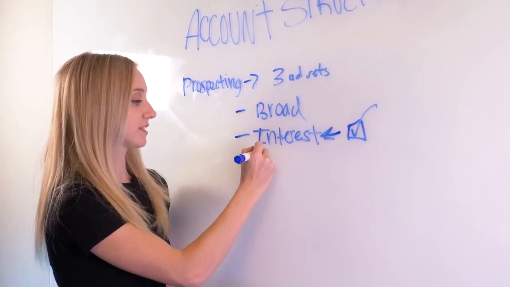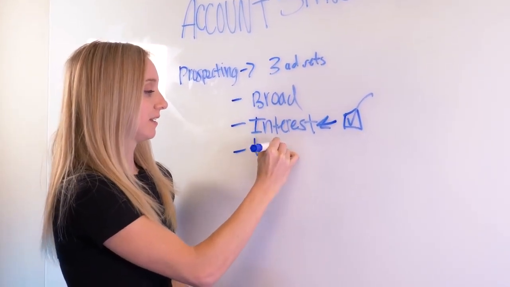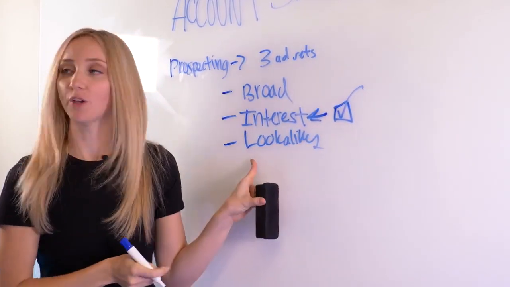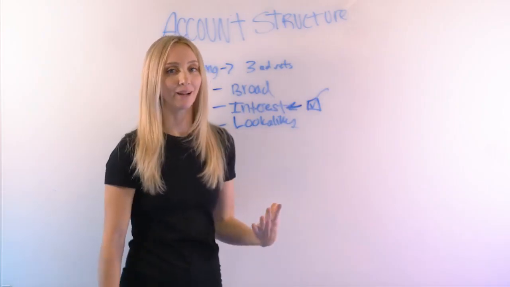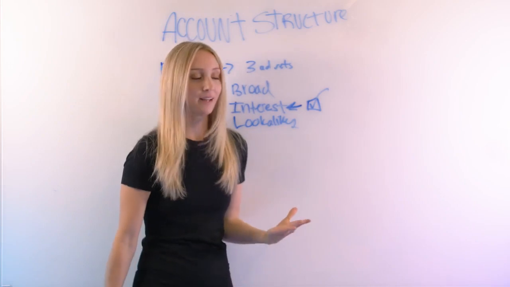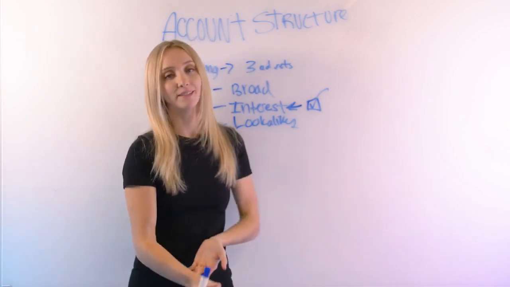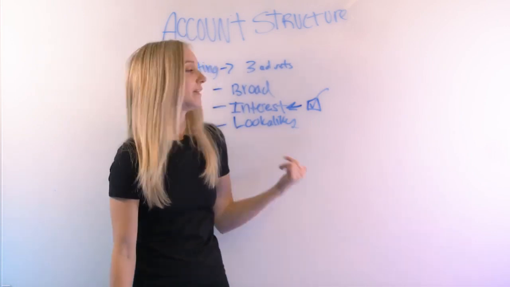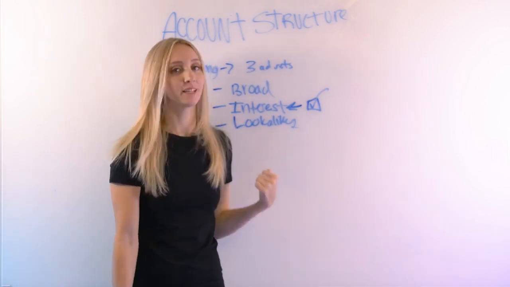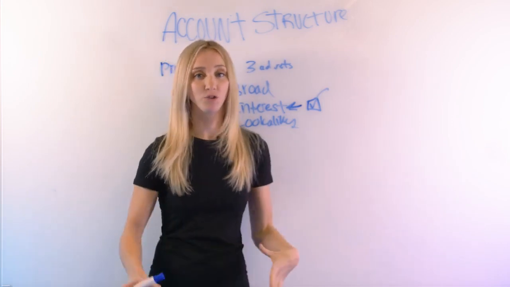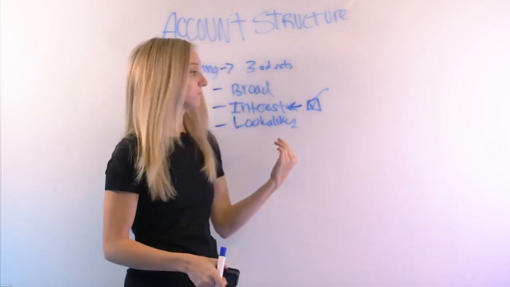The last interest, or I should say ad set, that I like to test is lookalikes. So if you're familiar with Facebook media buying, you know that a lookalike is essentially you give the platform a seed audience. So maybe it's a list of all of your past purchasers, and then Facebook or TikTok in this scenario will try to find people who are most similar to your past purchasers, but they're finding new people.